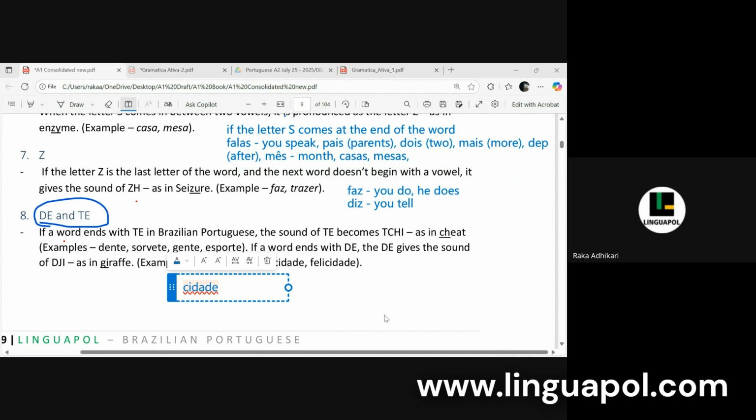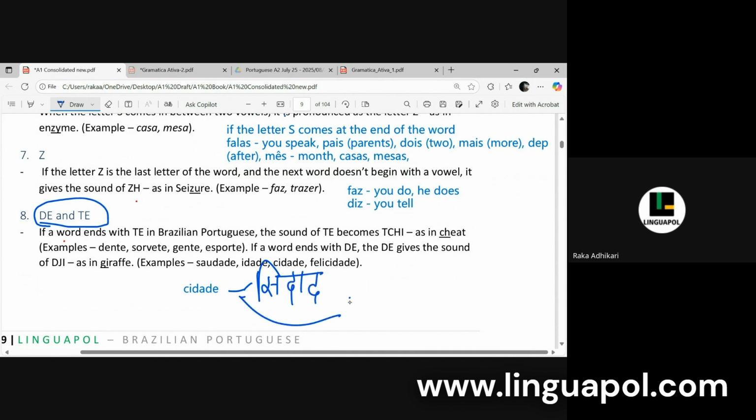Can you tell me the Brazilian sound of this word? Exactly. Cidadji. So in European it is cidade, whereas in Brazilian it is cidadji. It's like a J.